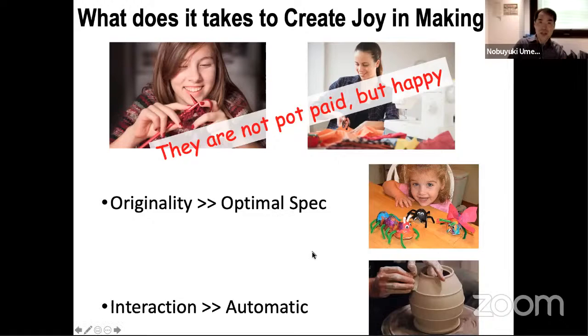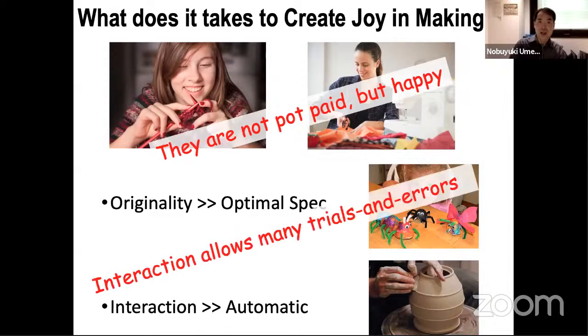Similarly, the software should not be automatic, like just pressing a button and the design just comes out, because we have to interact and explore the design, and while doing so, develop some kind of emotional attachment to the object we design. This aspect means that the software needs to have interaction that allows many trials and errors.